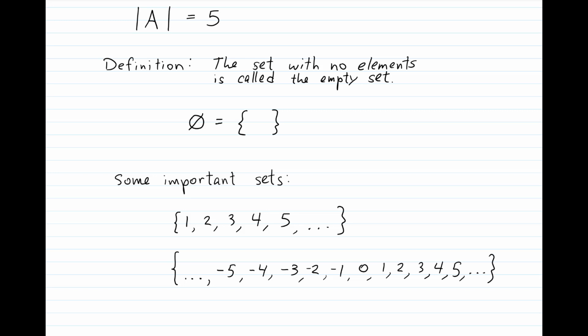Those are called the integers, okay? And it's common to use what's called blackboard bold letters for these sets. The natural numbers is usually written with a capital N like this, is how most people write it.